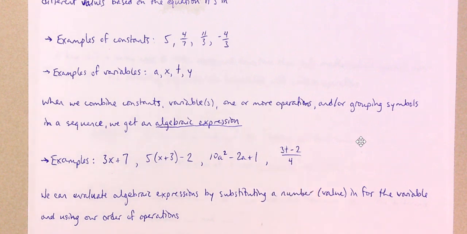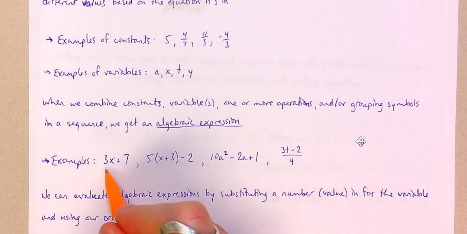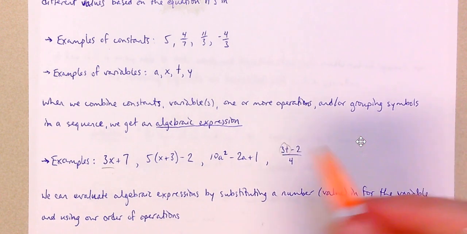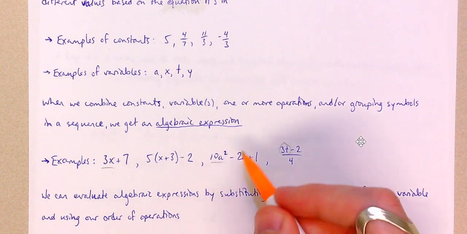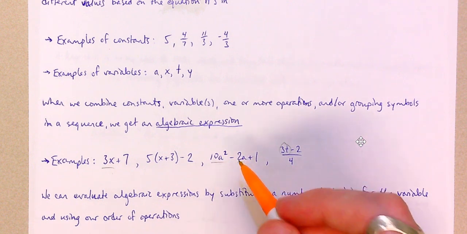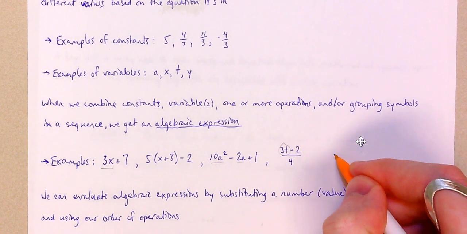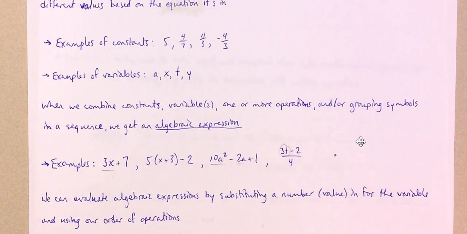One quick note I want to make: we're seeing things like 3x or 3t or 10a squared or the 2a there. When we have a constant multiplied by a variable, we just write the constant first and then the variable second, and we don't put the dot there to show the multiplication.